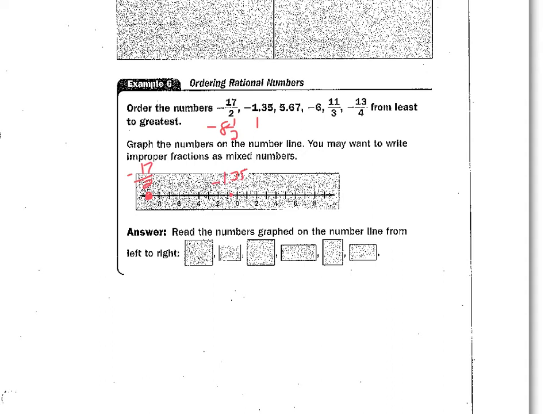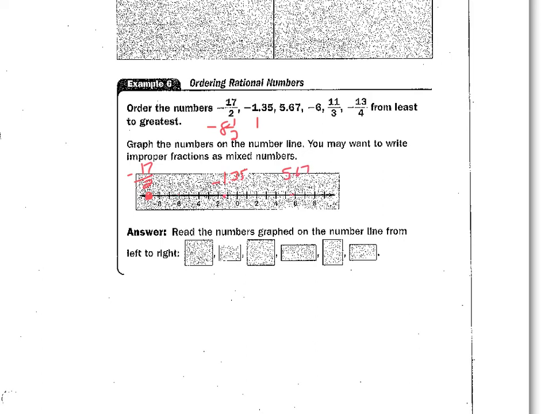5.67 is on the, hang on a second, I thought this was going by ones. It's wrong. It goes right here. 5.67, a little bit before the 6.